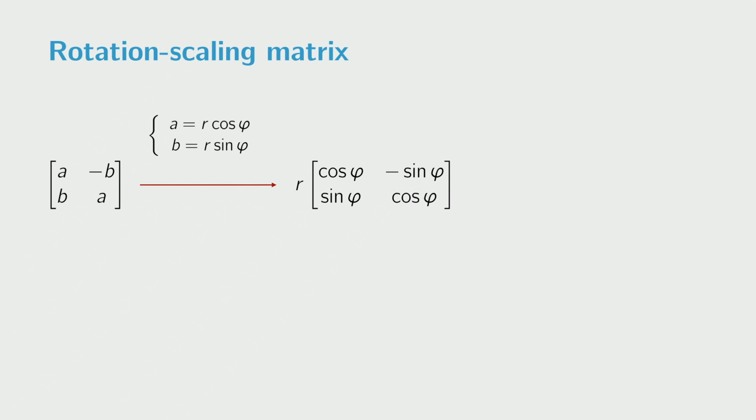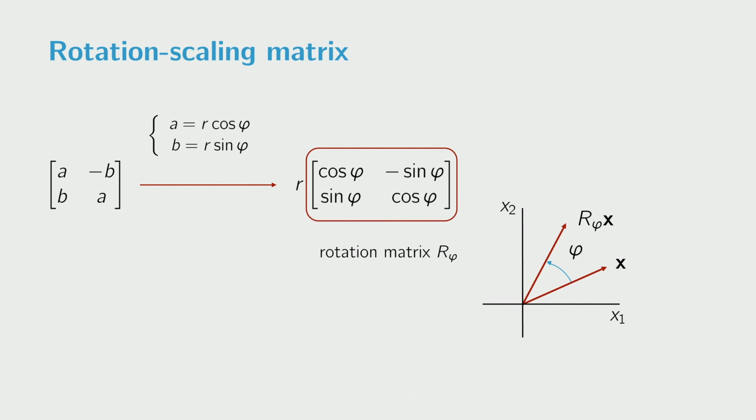The part [cos phi, -sin phi; sin phi, cos phi] is a rotation matrix which we denote by R phi. It's called a rotation matrix because R phi times a non-zero vector x in the plane is equal to the vector which is obtained by rotating x counterclockwise around the origin through an angle of phi.